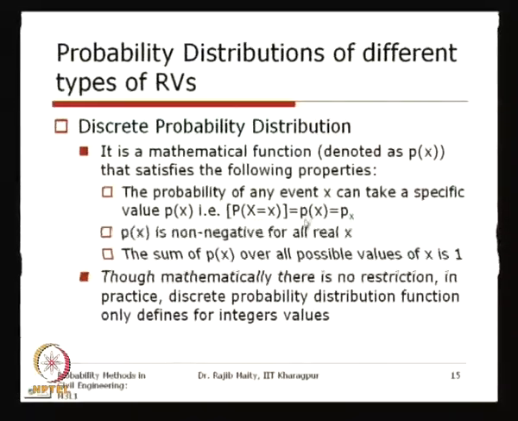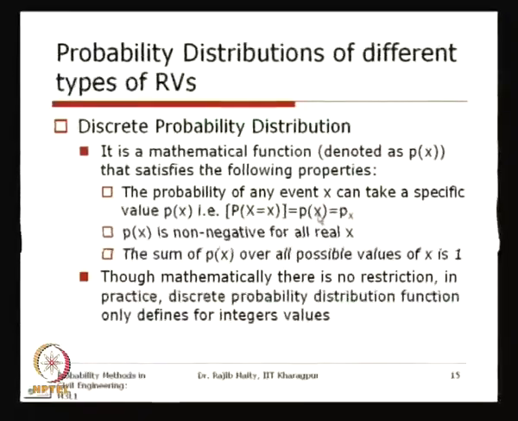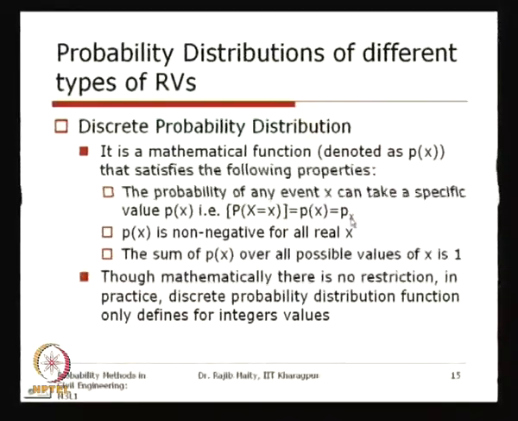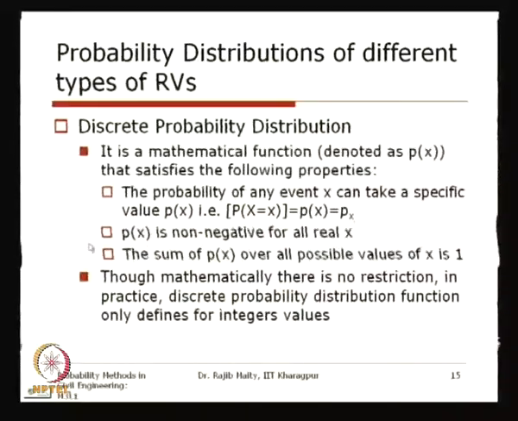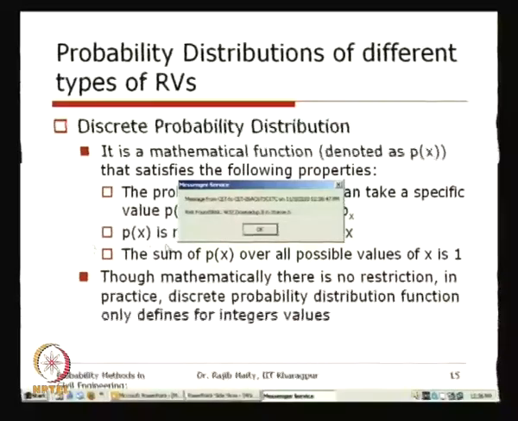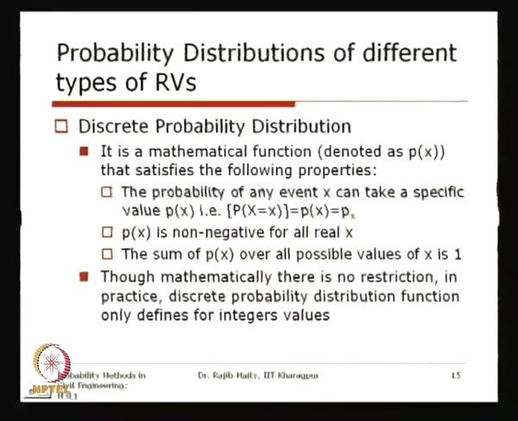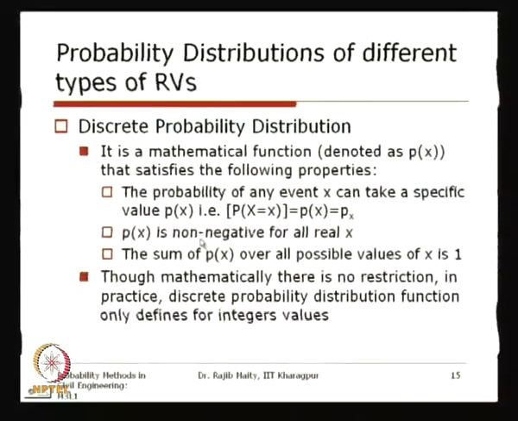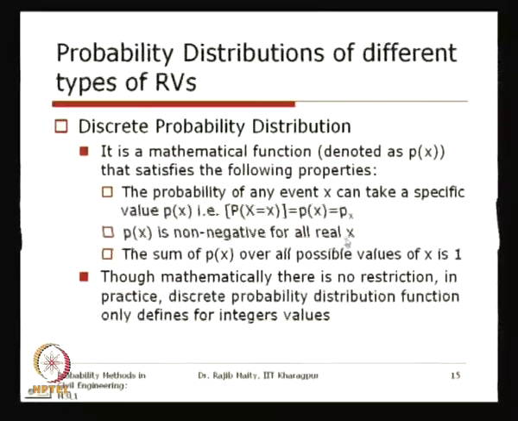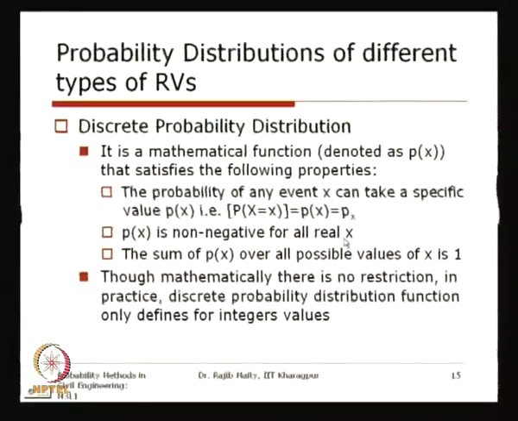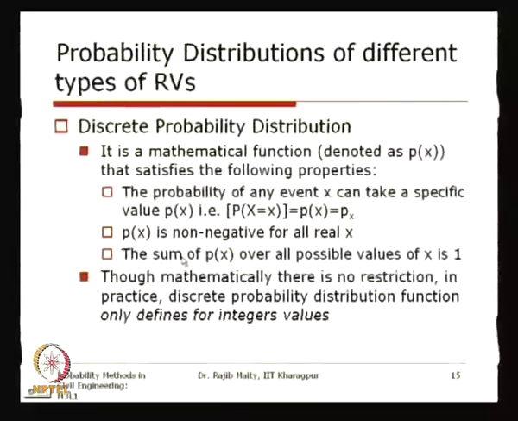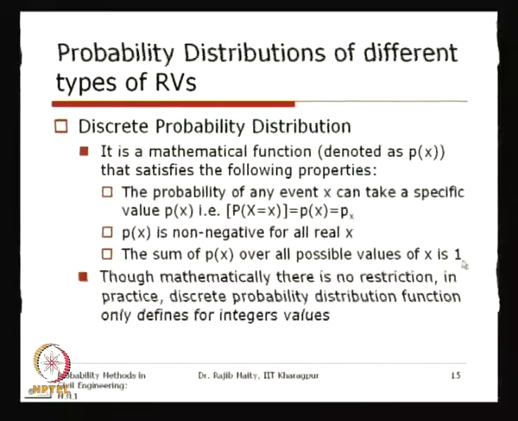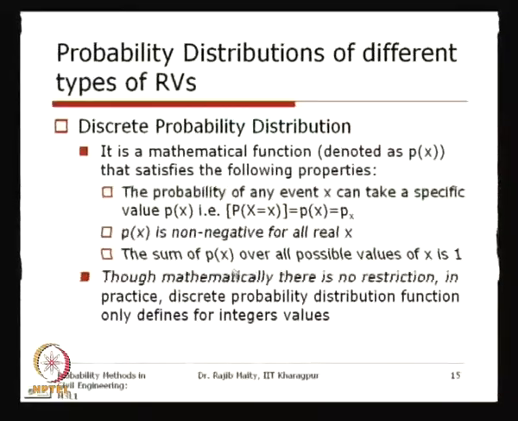Obviously, from the axioms of probability, p_X(x) is non-negative for all real x. It can be either 0 or greater than 0, and the summation of all this p_X(x) over the possible values of x is 1. This is again from the axioms of probability.